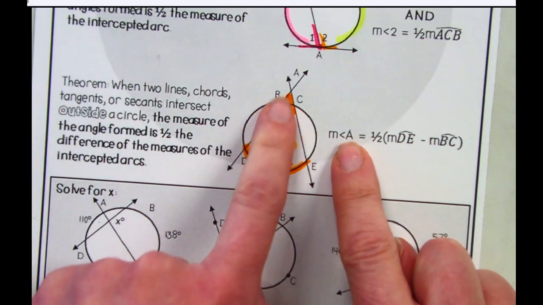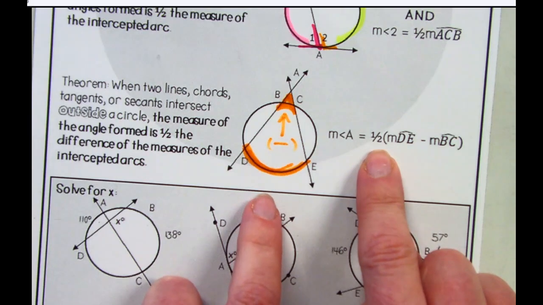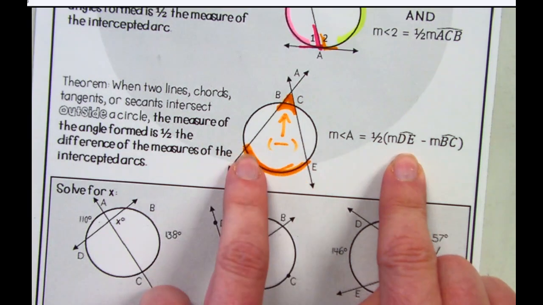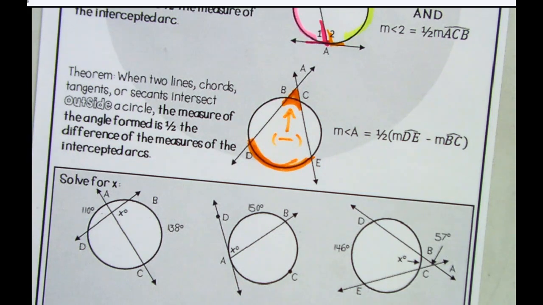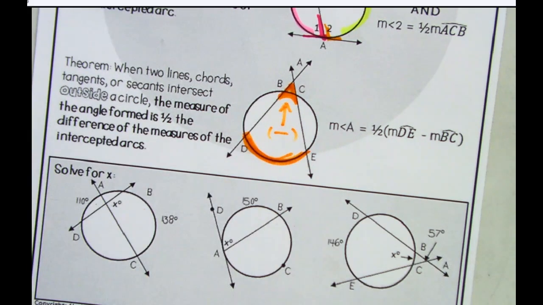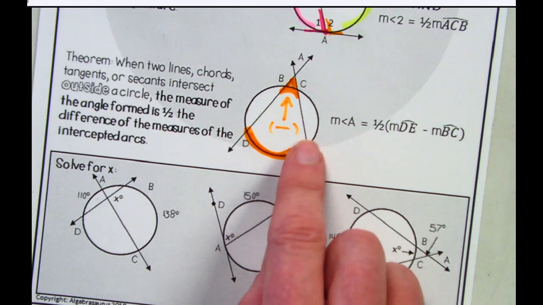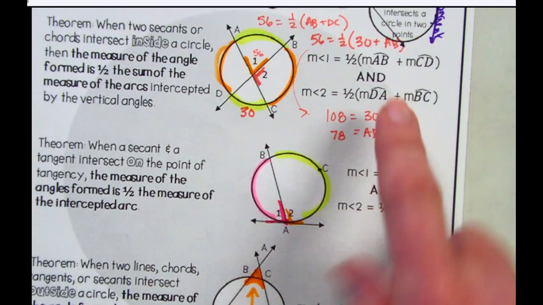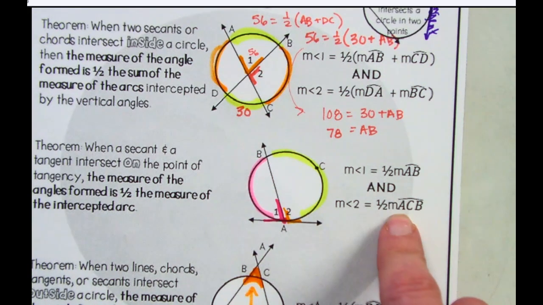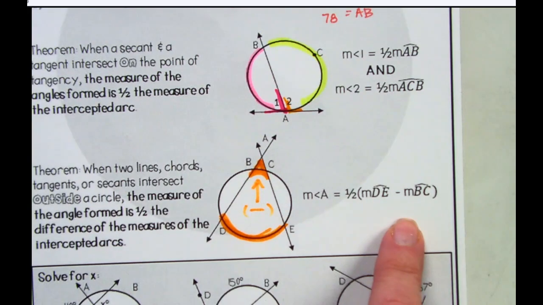The measure of my angle is half, big one minus the little one. If I went the reverse, what kind of angle would I have if I did little minus big? It'd be negative. We don't have negative measures, right? So that's why you need to make sure that you do the big arc minus the smaller arc. Top two are add. The bottom one is subtract.